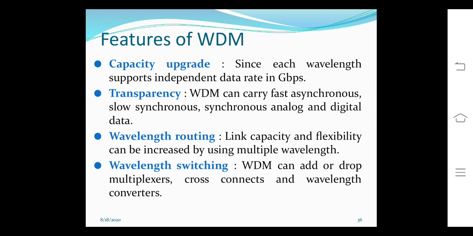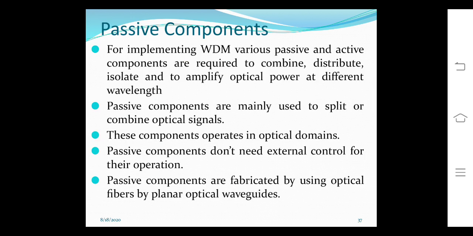Wavelength routing: link capacity and flexibility can be increased by using multiple wavelengths, so all the wavelengths have to be routed through the single optical fiber. Next is wavelength switching. A WDM can use add or drop multiplexers, cross connects and wavelength converters, so that it can be switched between the different wavelengths.